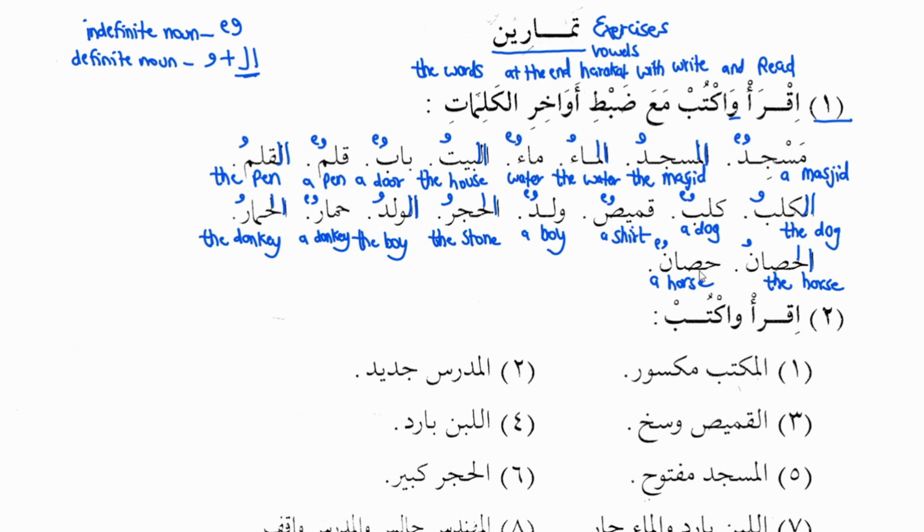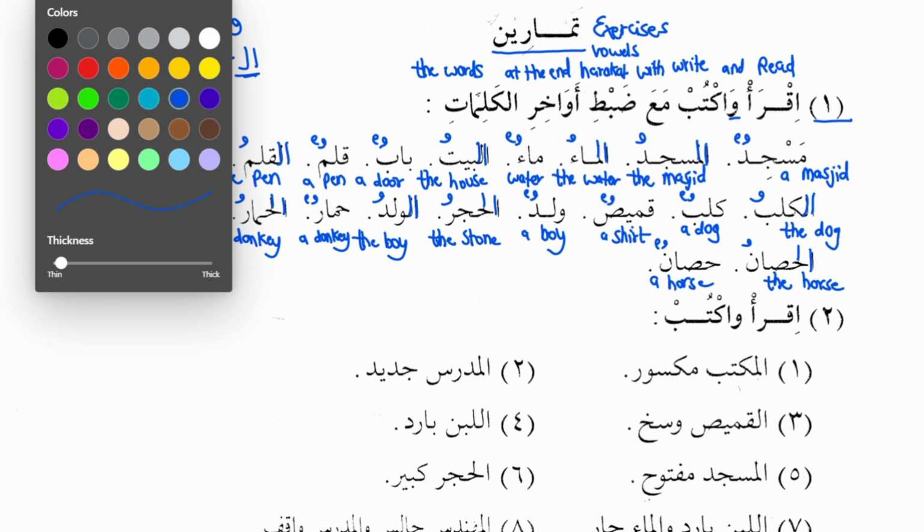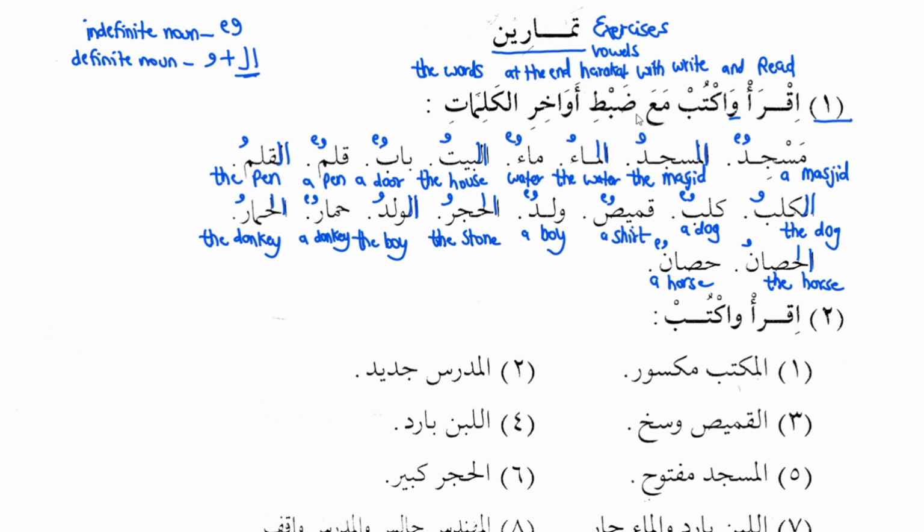Let's revise all the words we have covered in today's first exercise. Read and write with harakat or vowels at the end of the words. First word is masjidun because there is no alif lam here. Masjidun means a masjid. Al masjidu, because there is alif lam, we'll put one dhamma at the end.